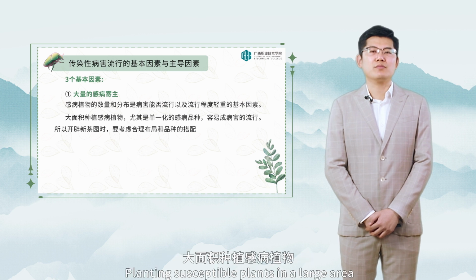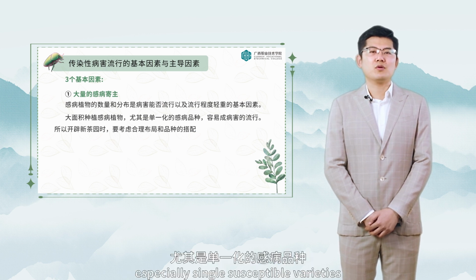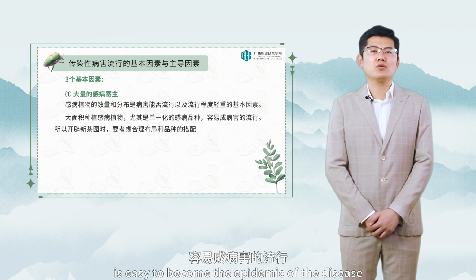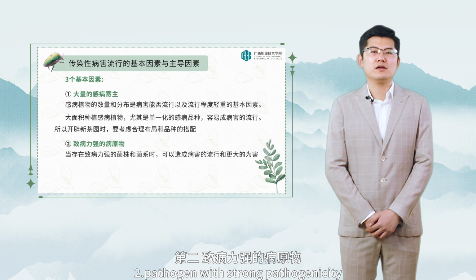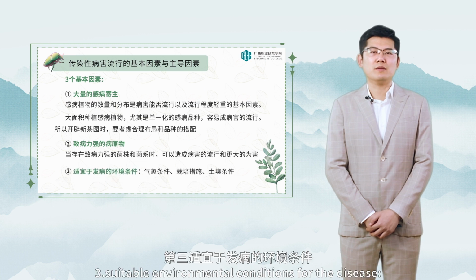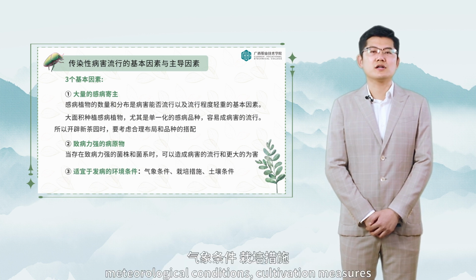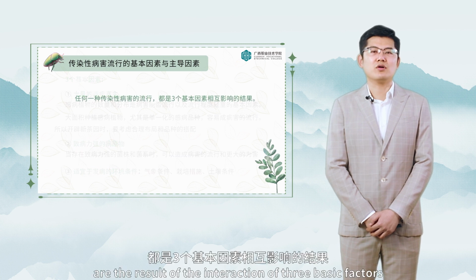Planting susceptible plants in a larger area, especially single susceptible varieties, easily leads to an epidemic of the disease. We should consider the reasonable layout and collation of varieties. Pathogens with strong pathogenicity, suitable environmental conditions for the disease, meteorological conditions, cultivation measures, and soil conditions are the result of the interaction of three basic factors.